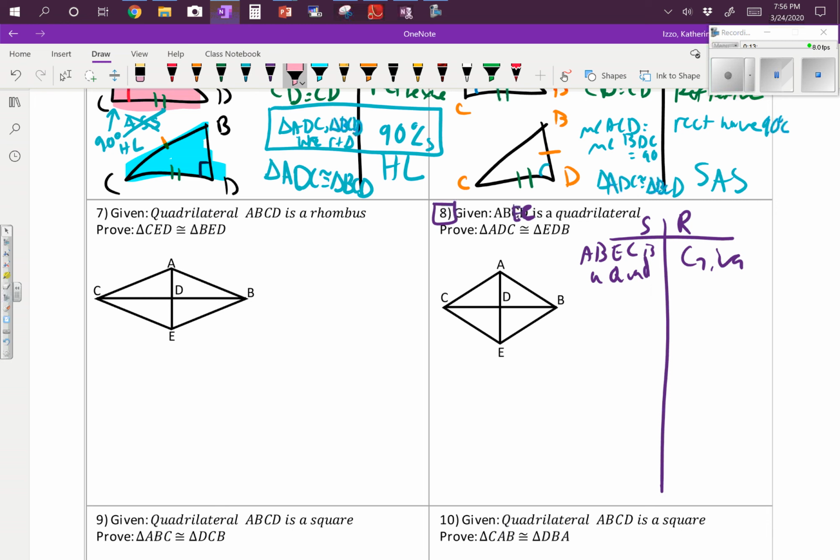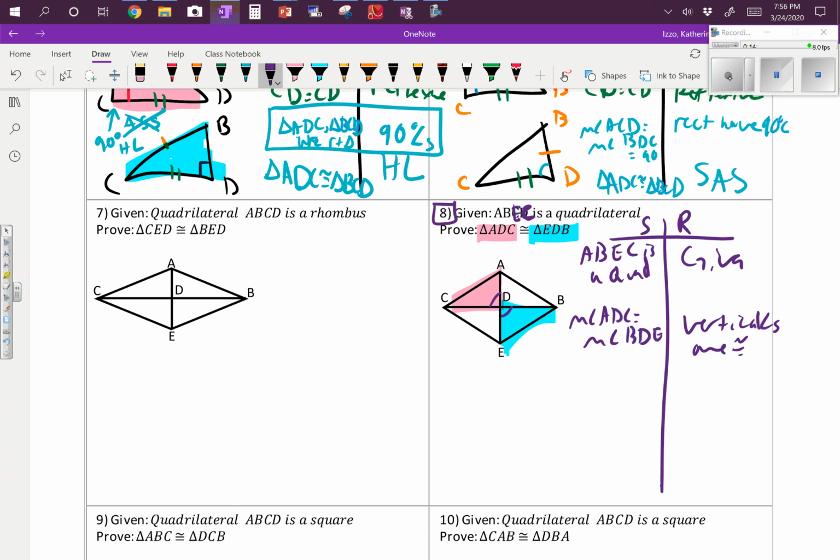And I want ADC, and I want EDB. Okay. And a lot of people are like, oh, we've got angles right here. So measure angle ADC equals measure angle BDE because vertical angles are congruent.